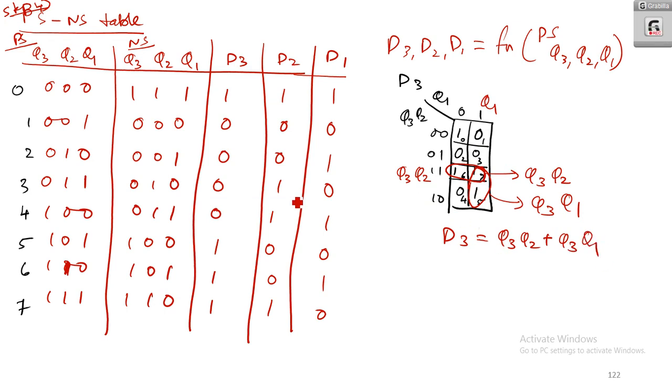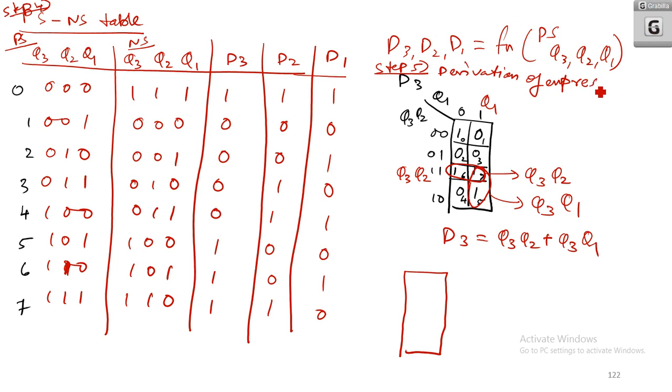Now I am going to derive the expression for D2, so I will draw another K-map. This is step 5, the derivation of expressions. Again I am going to derive D2.